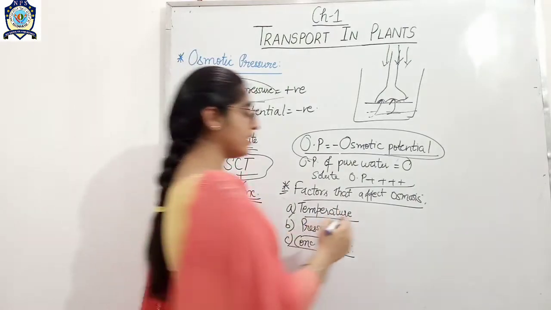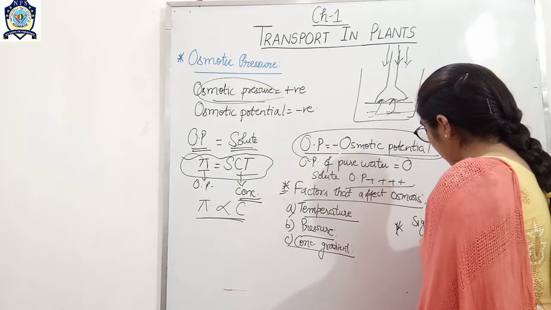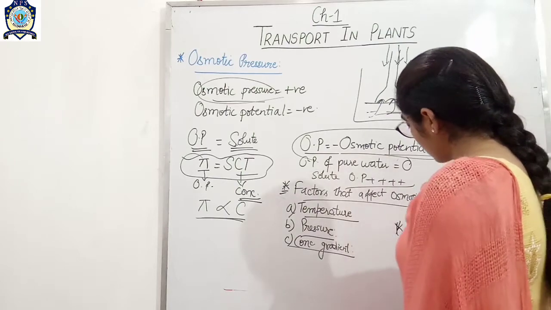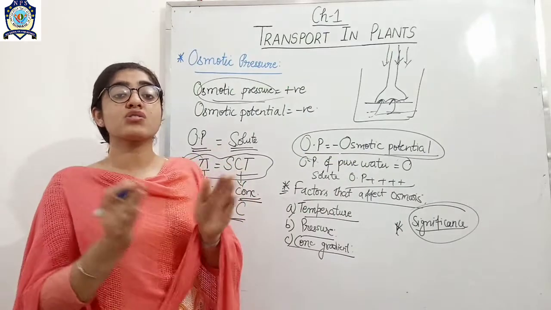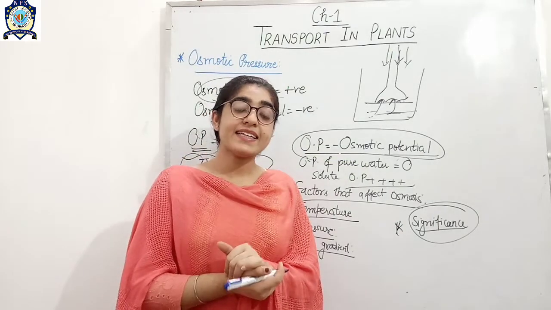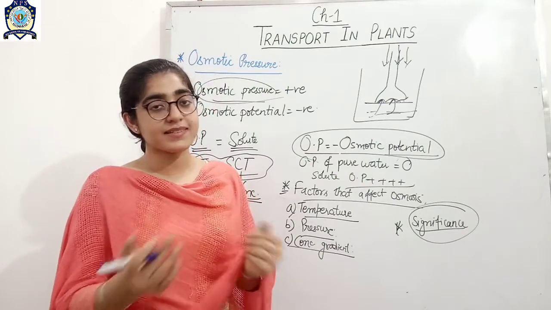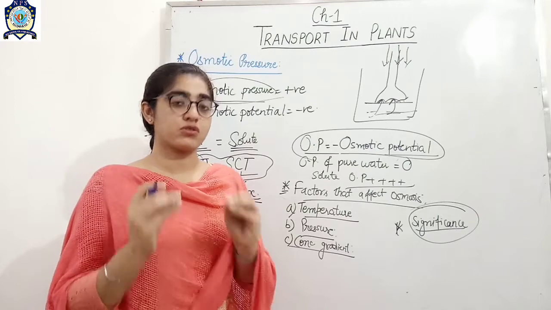Now next is the significance or importance of osmosis. What is the significance? The opening and closing of stomata is also possible due to osmosis, or simply it occurs by the phenomenon of osmosis.